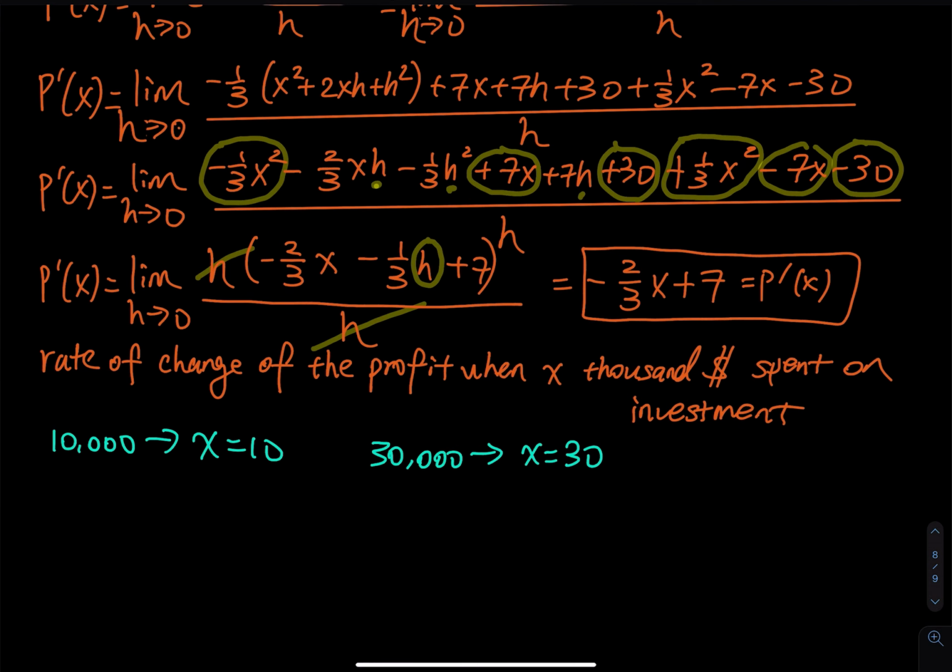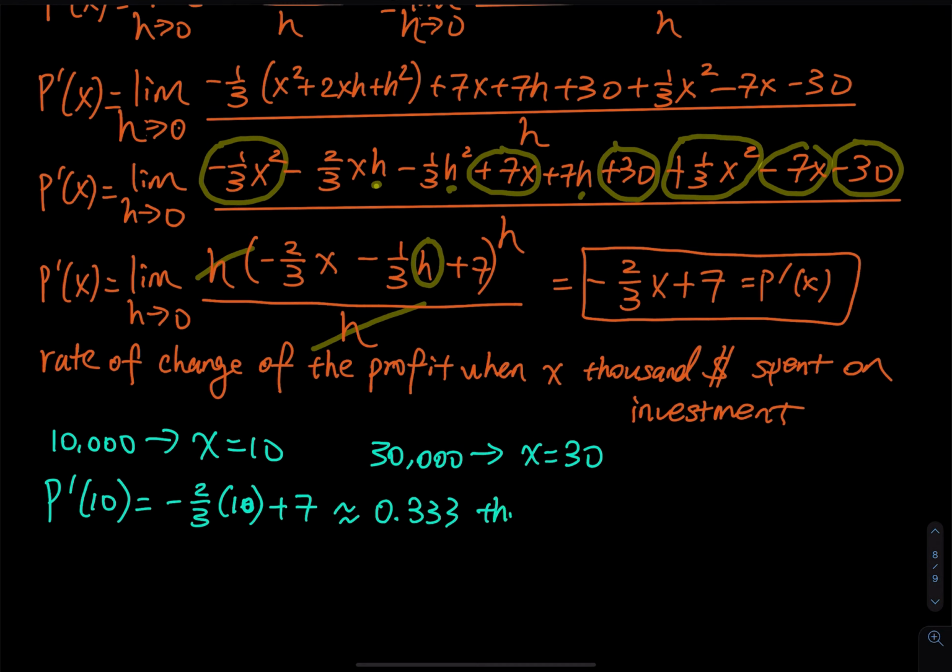So what happens when x equals 10? p prime of 10 equals negative 2 over 3 times 10, plus 7. So this is approximately equal to 0.333. Is the profit less than $1? No, this is in thousands, so this is $1,000. What does that mean? Give me a sentence.